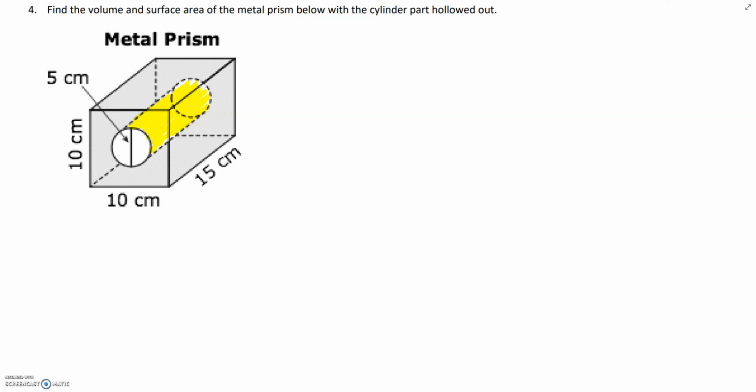But you will not count the circular part, because it is hollow. There's no surface there. Does that make sense?